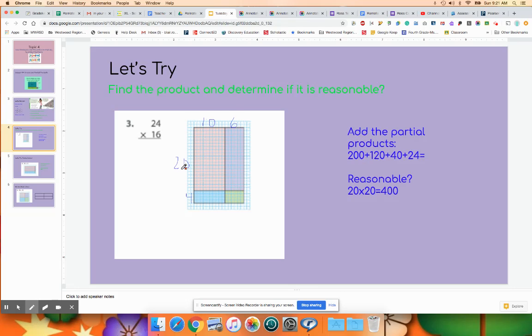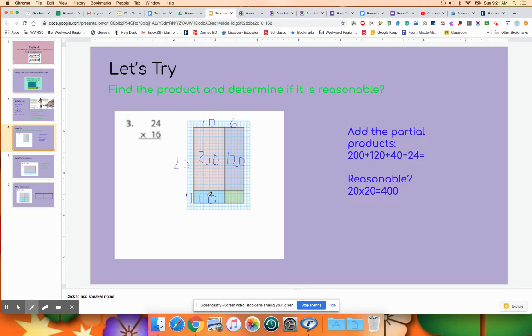Okay? So if we multiply 20 times 10, and I'm just going to write it in the box, is 200. You multiply 20 times 6, you get 120. You multiply 4 times 10, you get 40.